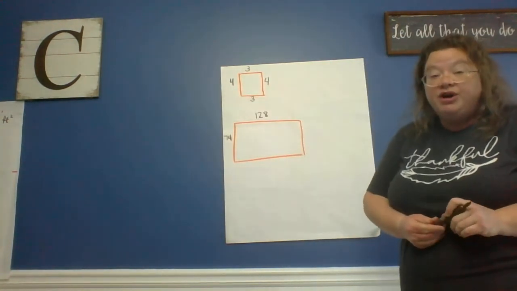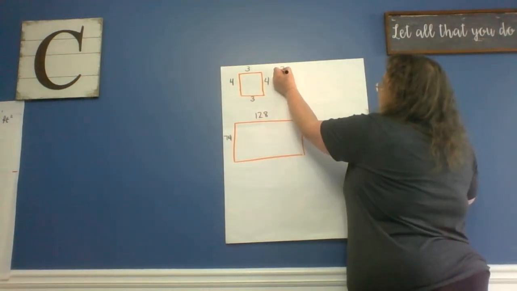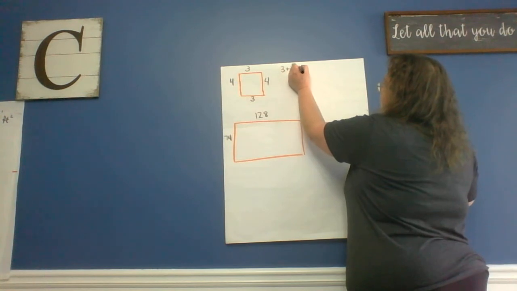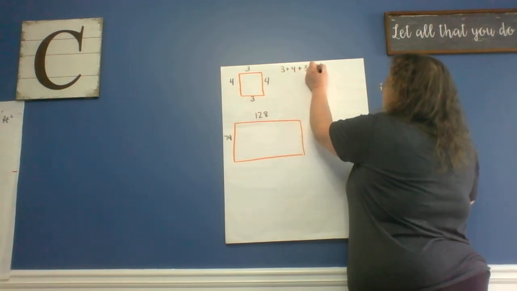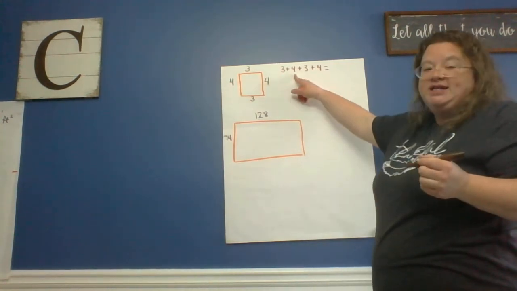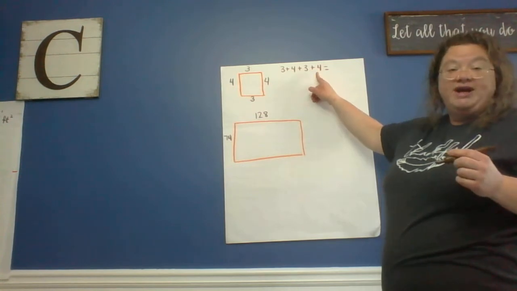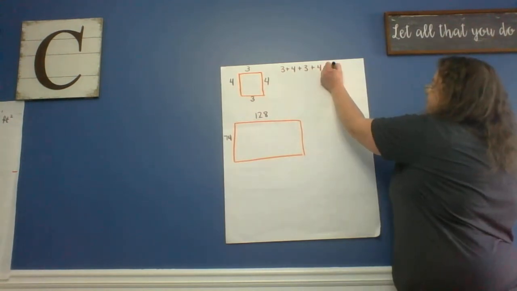Now in 3rd grade, we would add these all up. So we would say 3 plus 4 plus 3 plus 4, right? So we know that 3 plus 4 is 7, plus 3 is 10, plus 4 is 14 feet.